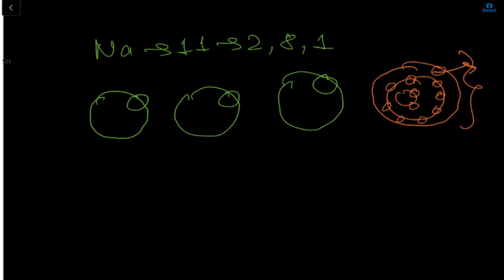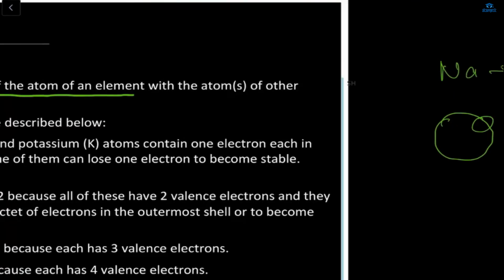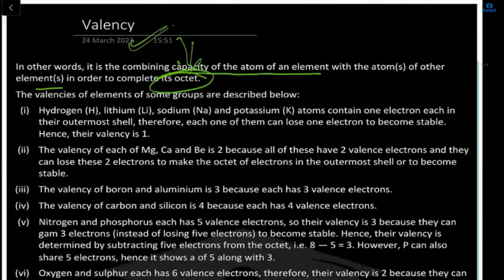If you lose an electron it will become positive, so it will become sodium plus. So the valency is one. It will lose to become stable. So this part is clear.